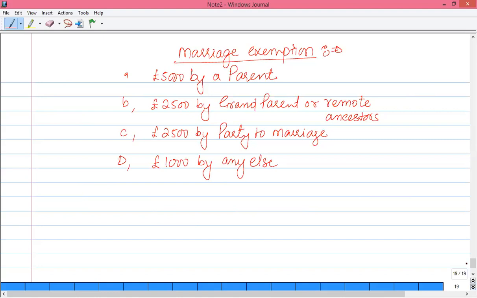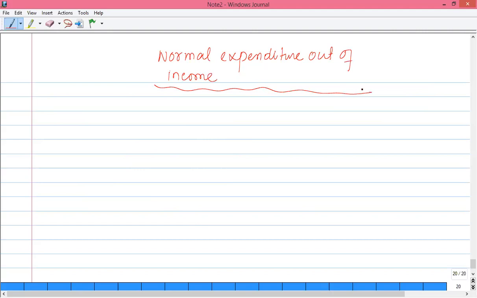Now, as far as the normal expenditure out of income is concerned, so what does it mean?